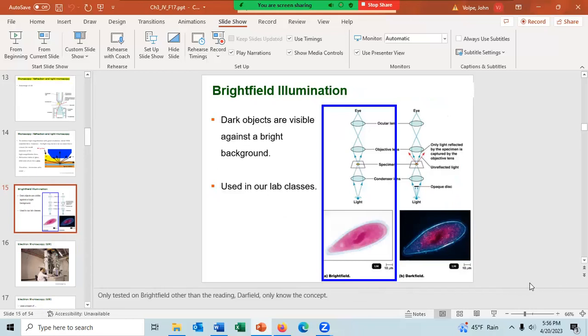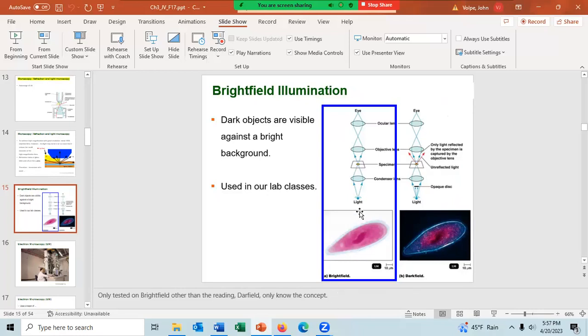All right. Bright field illumination is what a normal light microscope uses, such as all the light microscopes in our lab. What you see is an object which is lit up from the light beneath it, and then the background of the slide is also lit up from the light lamp below the specimen.